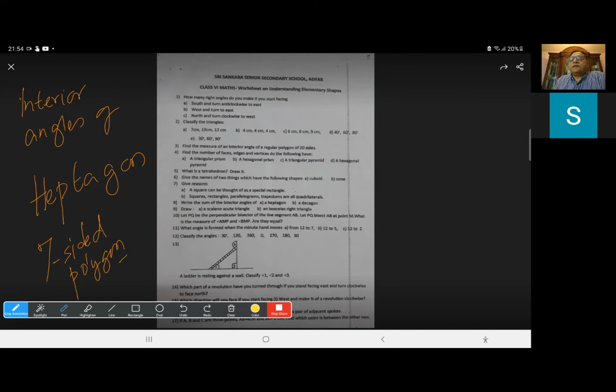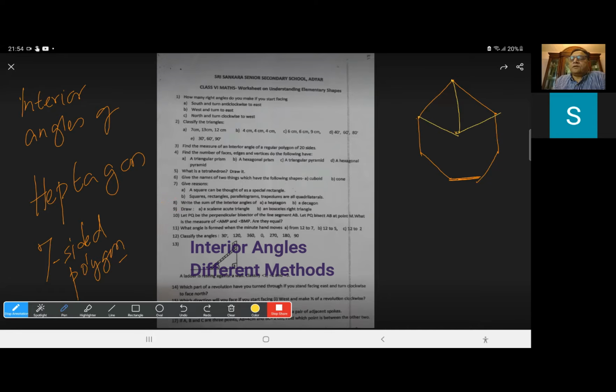How will you do it? 1, 2, 3, 4, 5, 6, and 7, right? If I connect it with the center, how many triangles do you get? 7. 1, 2, 3, 4, 5, 6, 7. Do you see that?